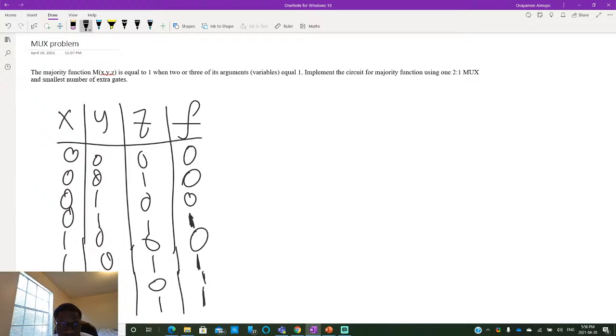Basically, the ones of this function are for each combination where we have greater than or equal to two ones.